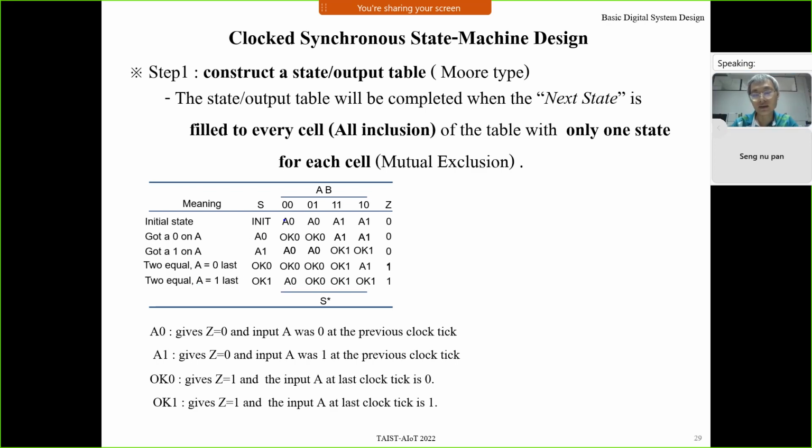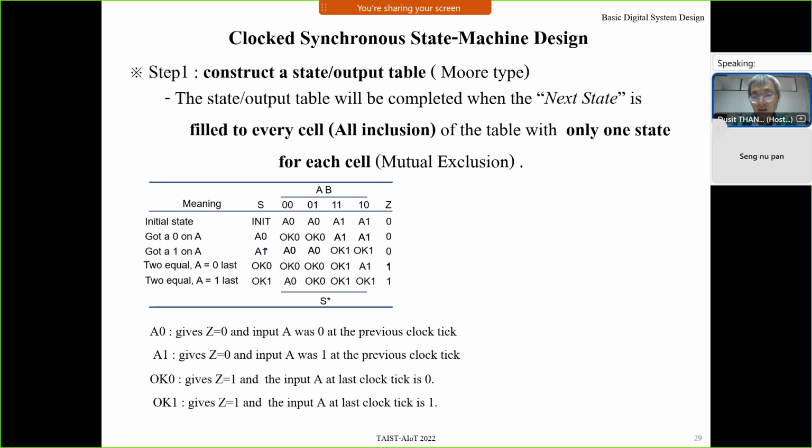After that, I just consider what the next state is. For example, at the initial state, if input AB is 0, 0, namely A is 0, it should go to A0, right? Go to the state where output is 0 and the last value of A at clock tick is 0. At the initial state, if input A is 1, it goes to A1.